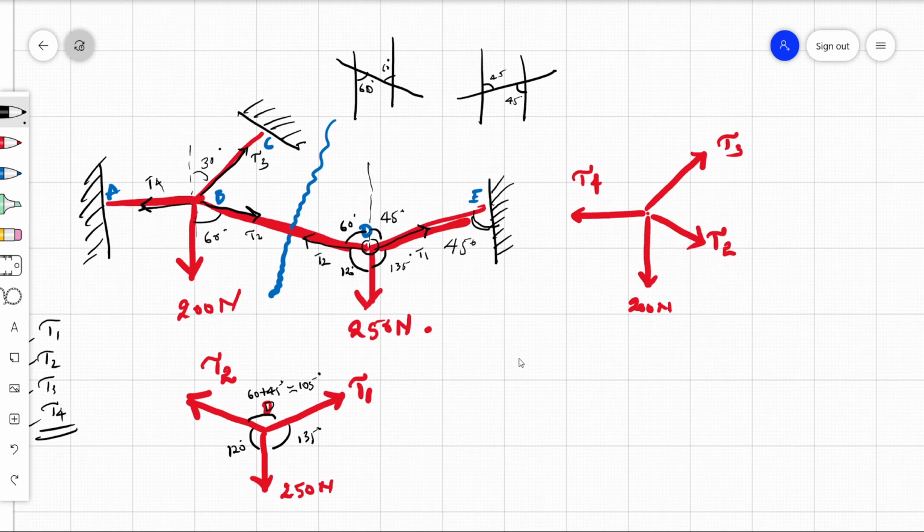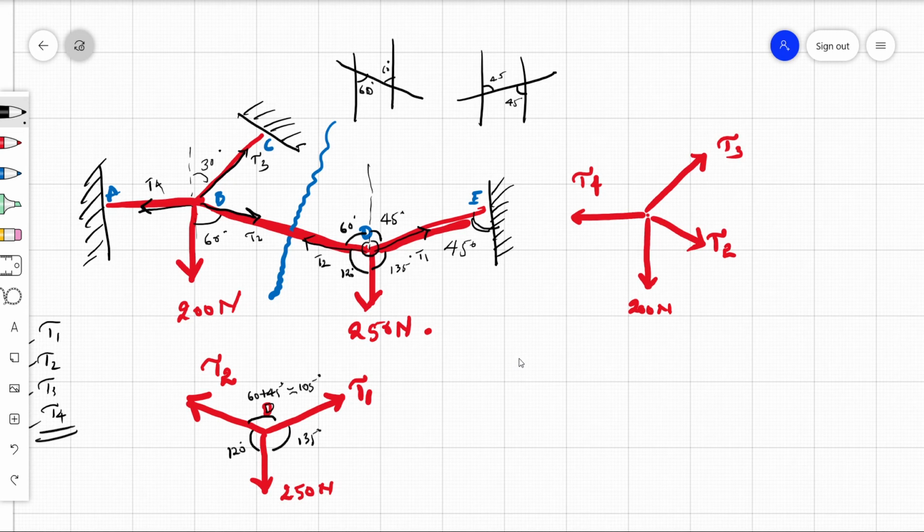The same we calculate for this also. Over here we know it as 60 degrees. Over here we know this part as 90 degrees. This they have given as 30. So 30 plus whatever is left will be 90.